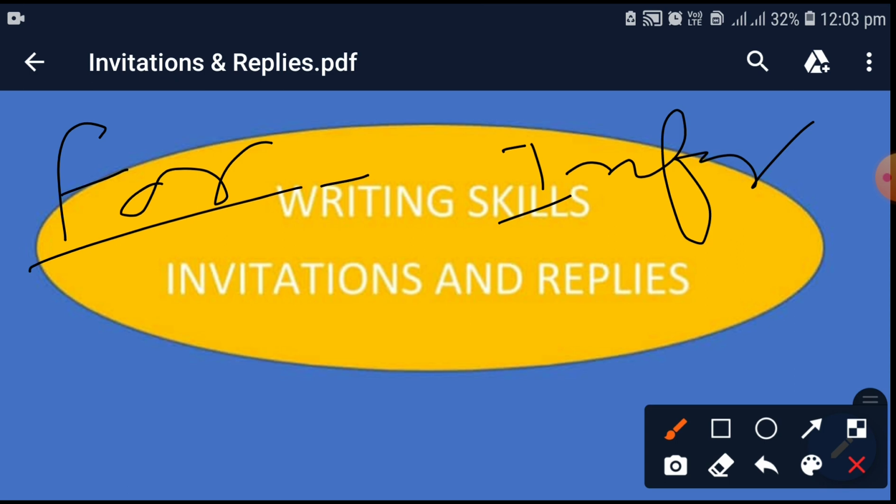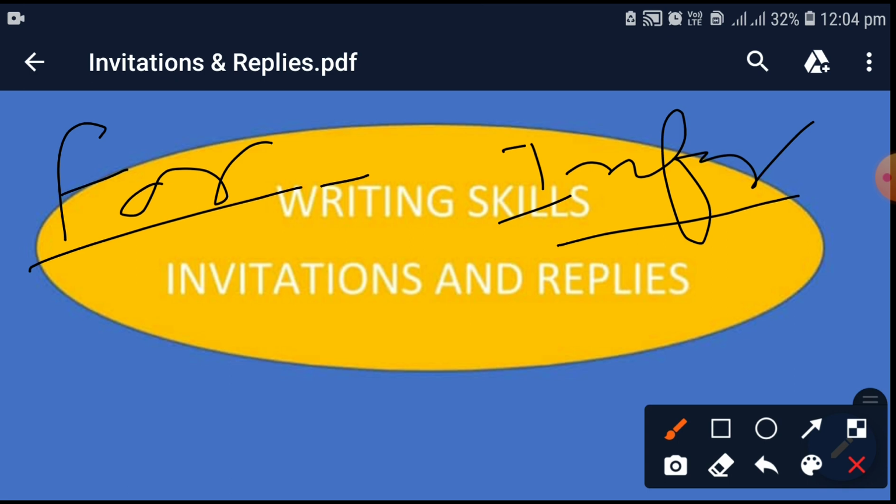Formal invitations are generally printed invitations, cards through which we invite our guests on auspicious occasions like weddings, birthdays, inauguration of shops and houses, etc. Whereas informal invitations are nothing but personal letters written to friends, acquaintances, and relatives.